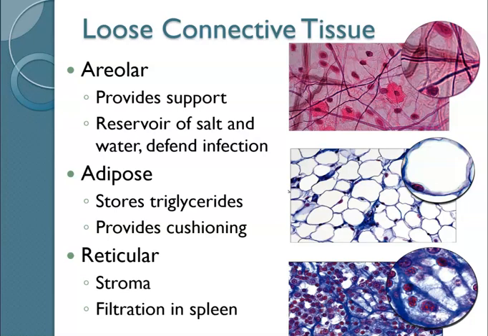The name hopefully gives away that there are a lot of reticular fibers. There's a network of reticular fibers which gives a web-like structure. This is mainly found in the spleen and a little bit in lymph nodes as well. They allow these organs to filter. In the spleen, they're going to filter out blood.